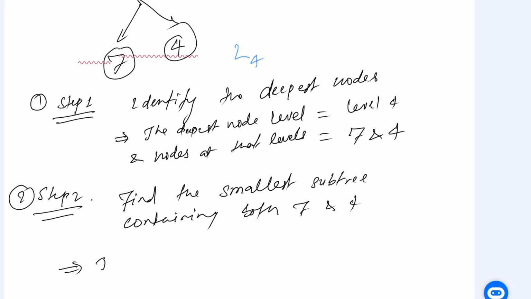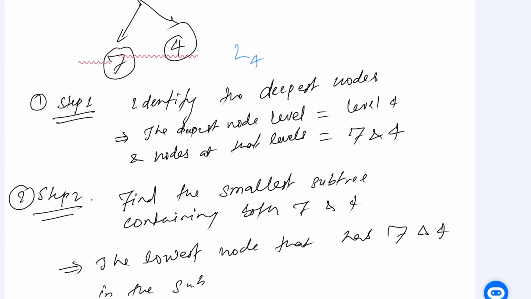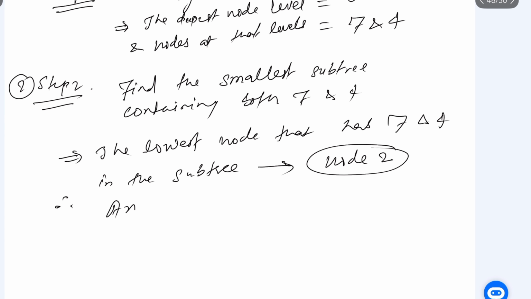So the lowest node that has 7 and 4 in the subtree is node 2. And so our answer is node 2. Understand, guys?